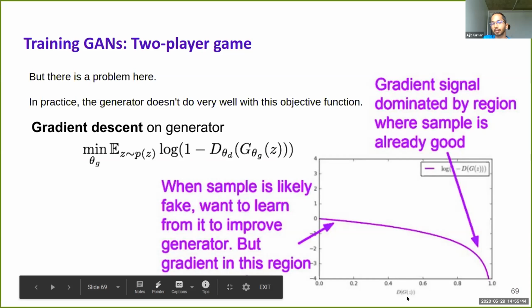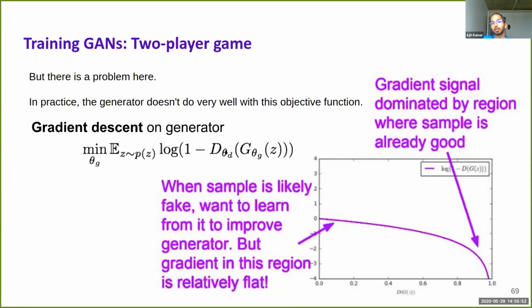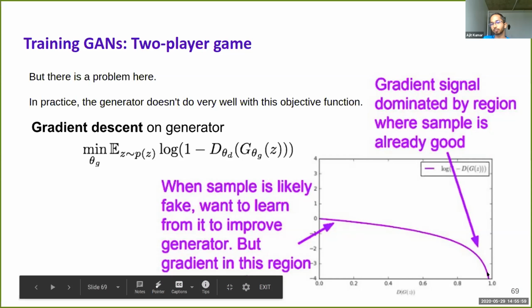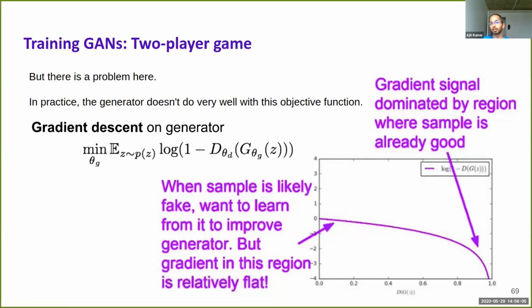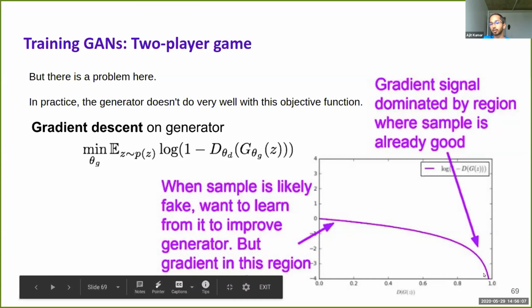In the x-axis, we have this term D of G of Z. So if D of G of Z is high, which means that the discriminator output for the generated, fake image is close to 1, which means that the generator is doing a good job of generating images which look like real images. But when it is already doing a good job, then the gradient value is very high.